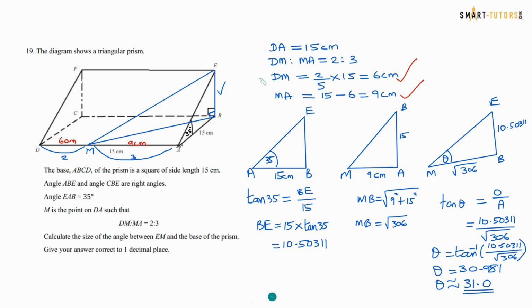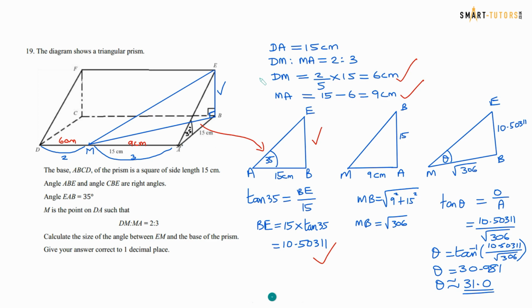I'm drawing separate triangles to understand the question. First, I draw this triangle ABE. Using the 35 degree angle and the 15 centimeter side, we can find BE, which is 10.50311. Then the next one is the bottom triangle MAB, which I drew here. MA is 9 and this is 15.